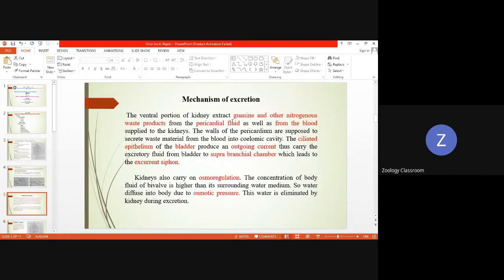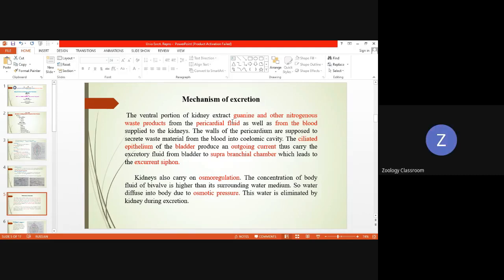What difference do you observe because of this difference in the concentration of the fluids? The concentration of body fluid in the bivalve is higher than its surrounding water medium.